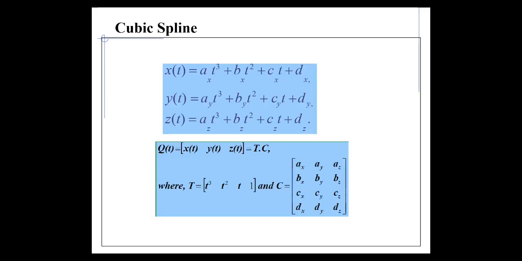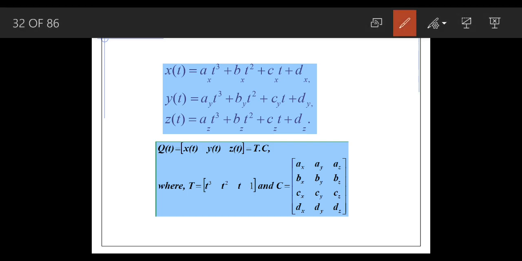Now for the remaining y(t) and z(t), instead of x we use y to indicate the y coordinate. So ay t cube plus by t square plus cy t plus dy, and in the same way we represent z(t).